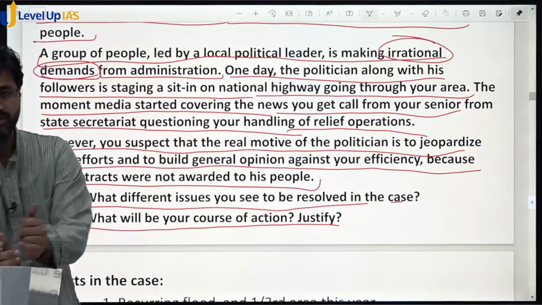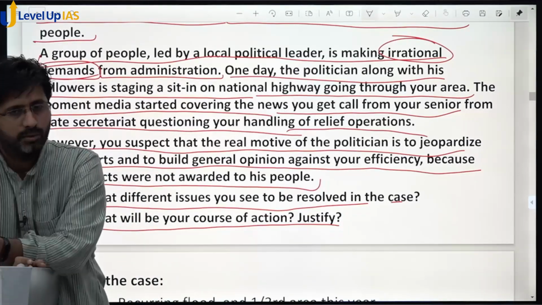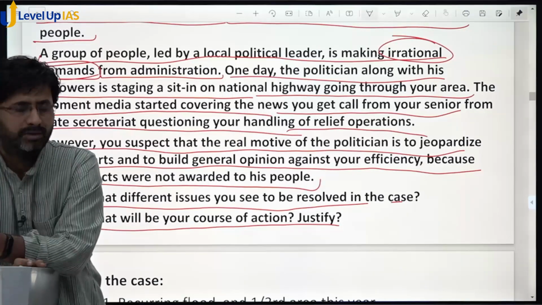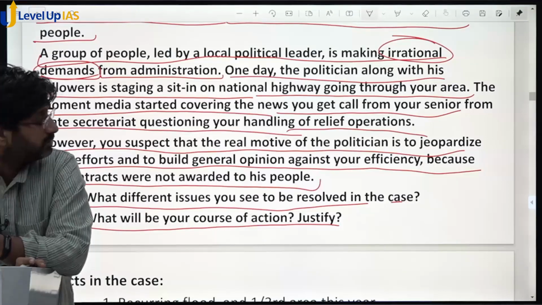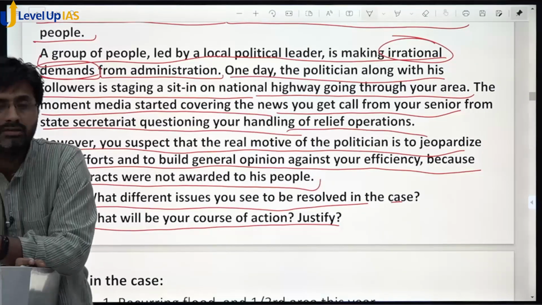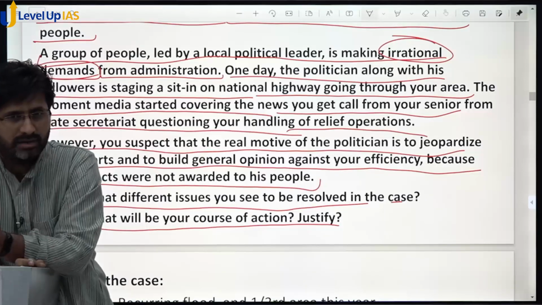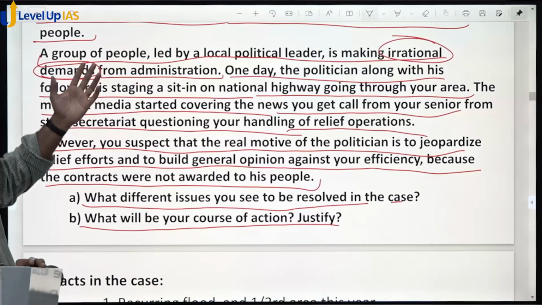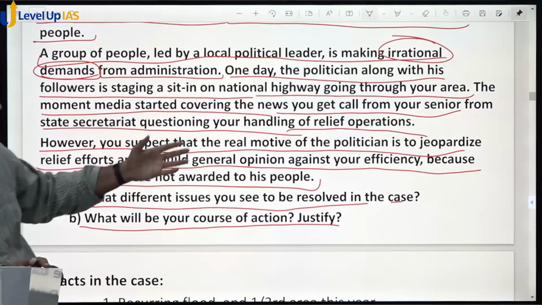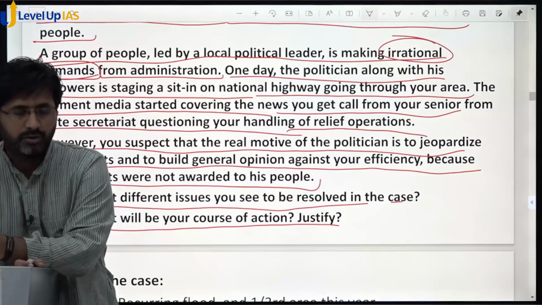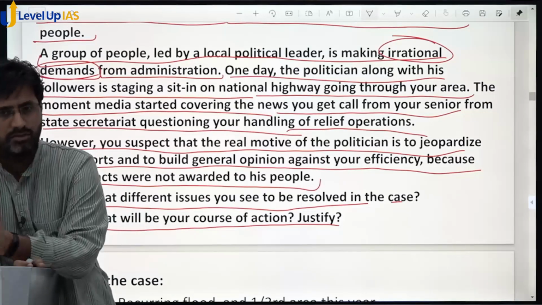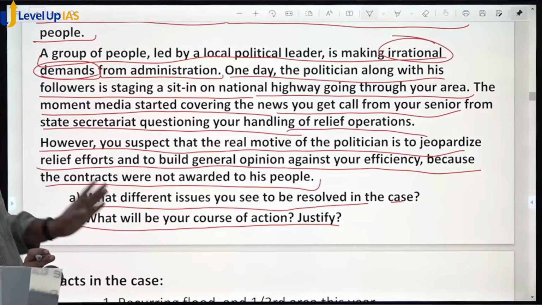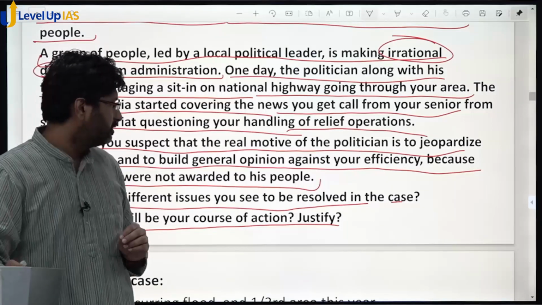So again, the same thing: you have to tell yourself, this is a real-life situation, it must be happening somewhere. It is simulated, so something must have been simplified, but some SDM would actually be required to do this, so you have to think along those lines. Whenever issues like media demands, irrational demands, political motives are talked about, you need to create a picture that is very close to real life, what generally happens, and see it in that context. What different issues do you see to be resolved in the case?